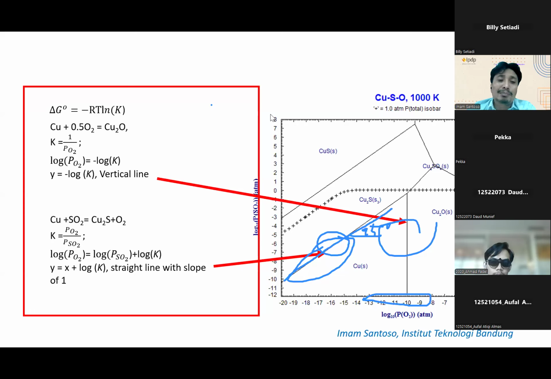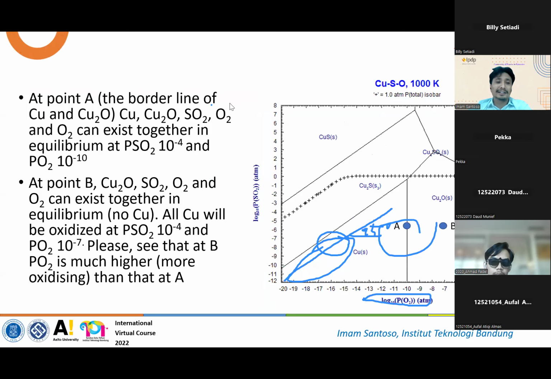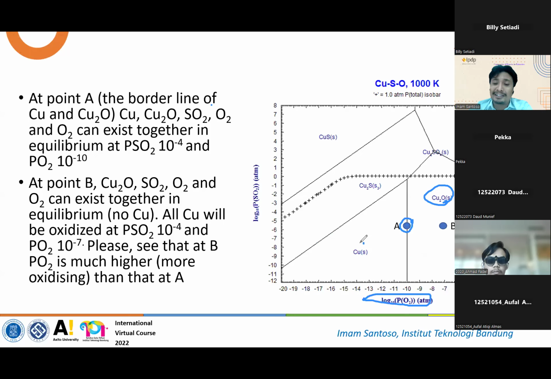And then now move to the next. Okay. So this is the use of the diagram. At point A, because this is in the border between the fields of copper, you can see here, guys, point A is in the border between the fields of Cu2O and Cu.